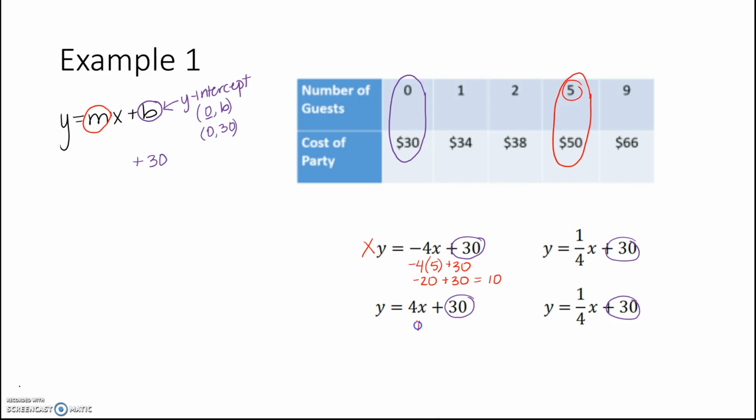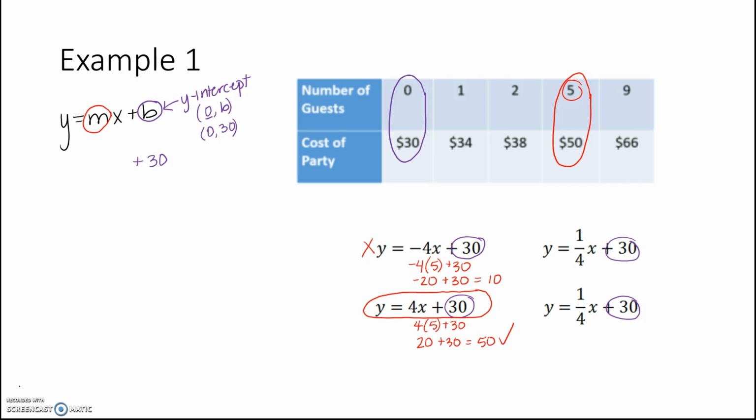I'm going to plug in my 5, 4 times 5 plus 30. So 4 times 5 is +20. 20 plus 30 is 50. Is that right? Yes, that is right. So we lucked out. That means this here is our formula.